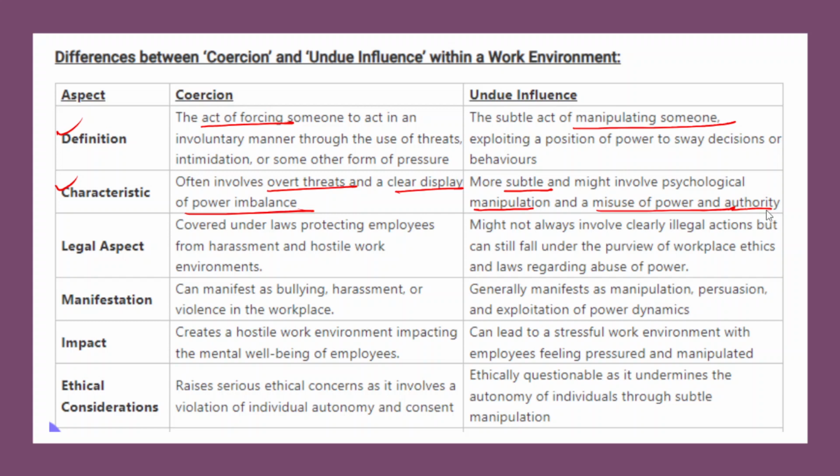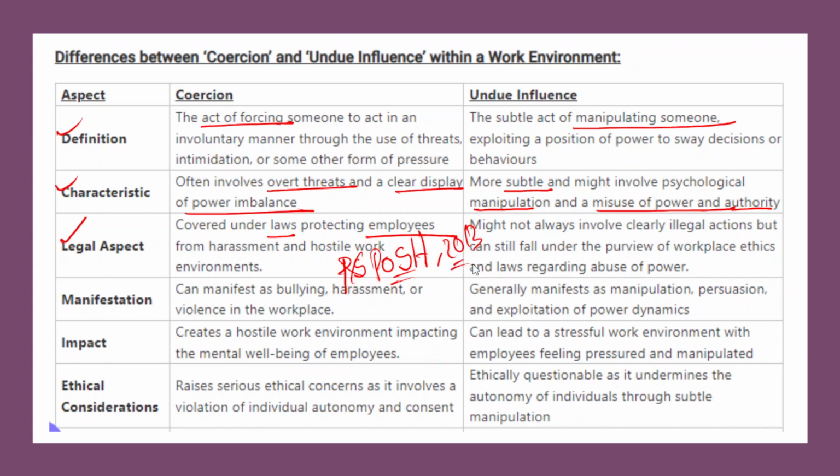On the legal side, it is covered under laws protecting employees. For example, if an employee is coerced, then that would be protected under laws. We even have laws like the Prevention of Sexual Harassment of Women at Workplace Act, 2013, the POSH Act.